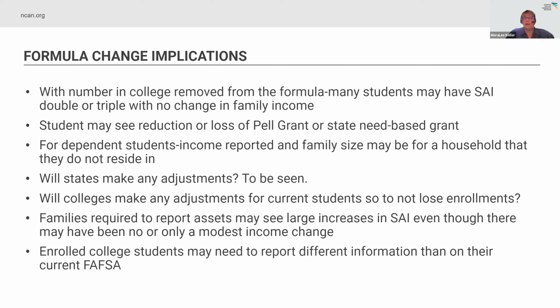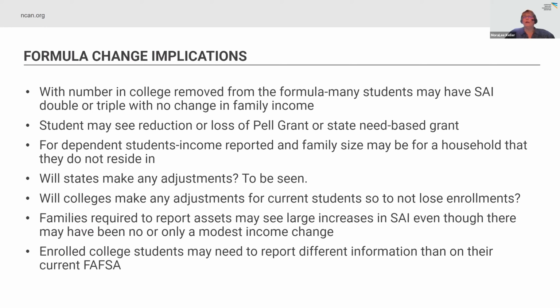Around the country, many conversations are ongoing right now. Will there be states who need to make any adjustments to their eligibility criteria for their state grants? Will colleges be making any adjustments in their packaging strategies, because they certainly don't want to lose students whose SAI is drastically different than their EFC because of the change in the formula.